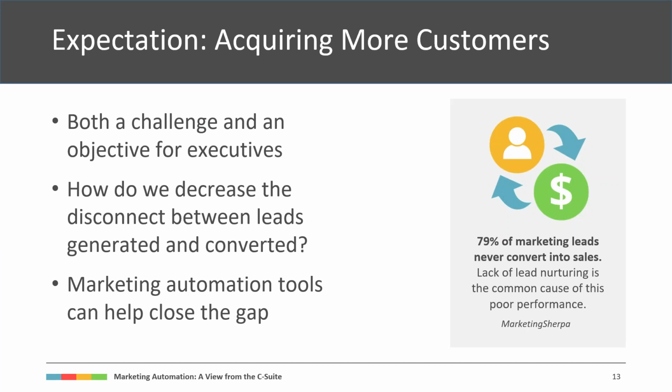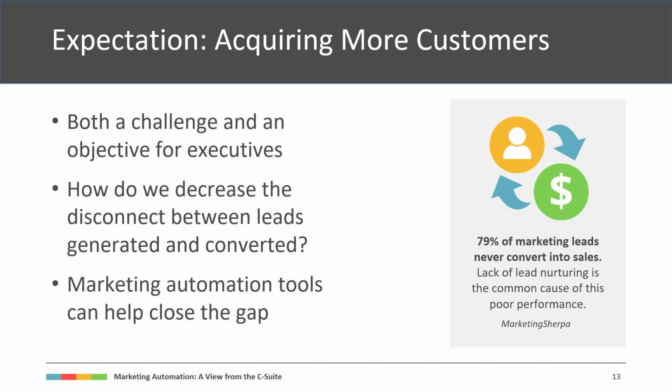So first and foremost, as you can see on this slide, and as we saw in the research portion of this presentation, acquiring customers is both the biggest challenge and objective for C-level executives. And from a ClickDimensions side, we hear this from our prospects all the time when we're talking about marketing automation.